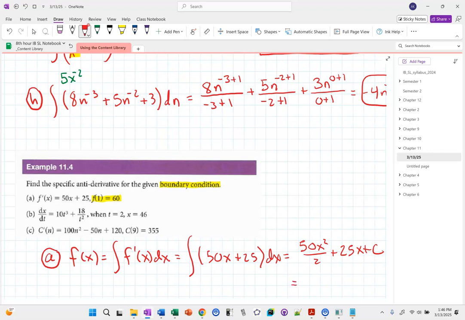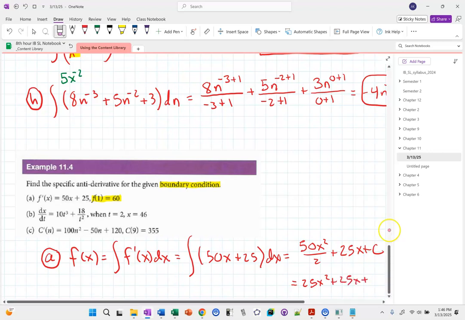Or just reduces down to 25x squared plus 25x plus c. Everybody okay so far?